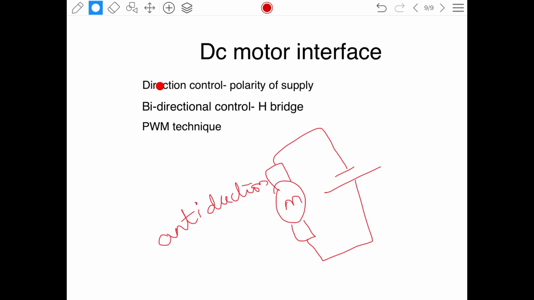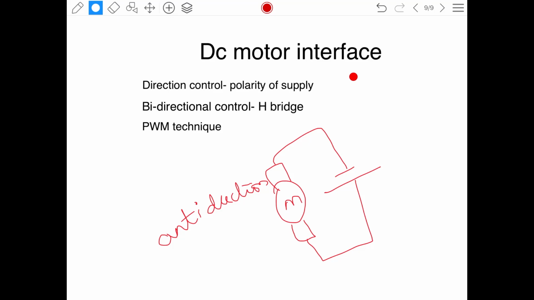This is the simplest way of direction control. If you give the power supply 0 and 5, the motor rotates clockwise, and if you give 5 and 0, the motor rotates anti-clockwise. Just by changing the polarity of the supply, the direction of the DC motor can be controlled.